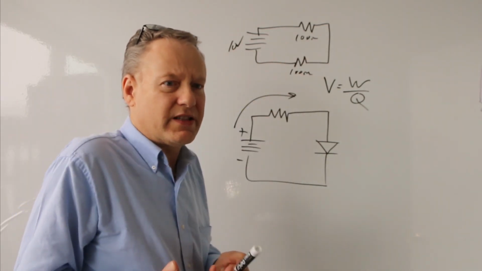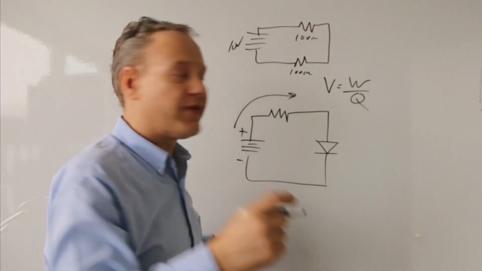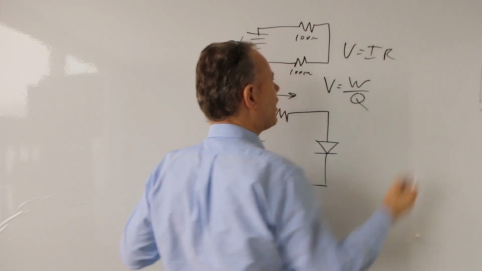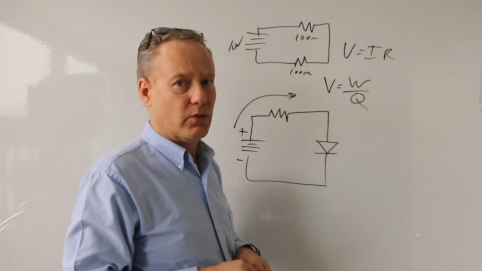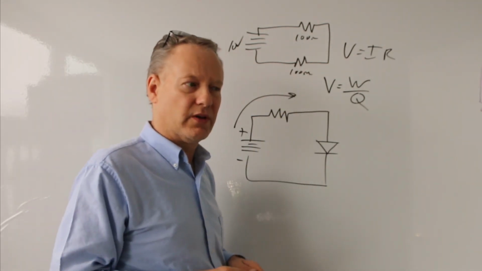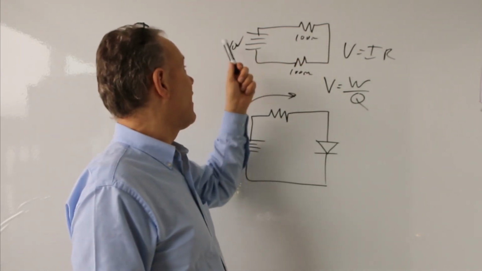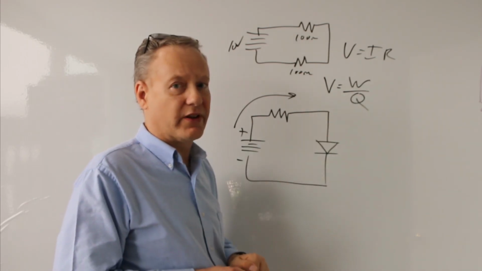So there are some things that change the voltage across this. And actually we know the other thing is that V equals IR. So the current going through that will also change the voltage drop. So the voltage drop across this changes depending on how much current is going through or how many coulombs are traveling through that.